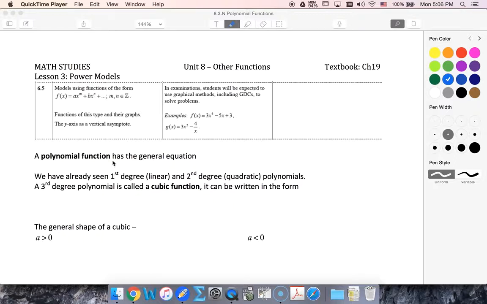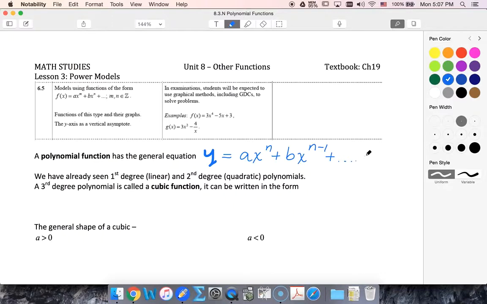First of all, a polynomial function has a general equation. Similar to this one, a polynomial has a general equation of y equals ax to the n plus bx to the n minus 1, and we're going to keep going all the way down, decreasing our powers of x until we get to no powers of x.